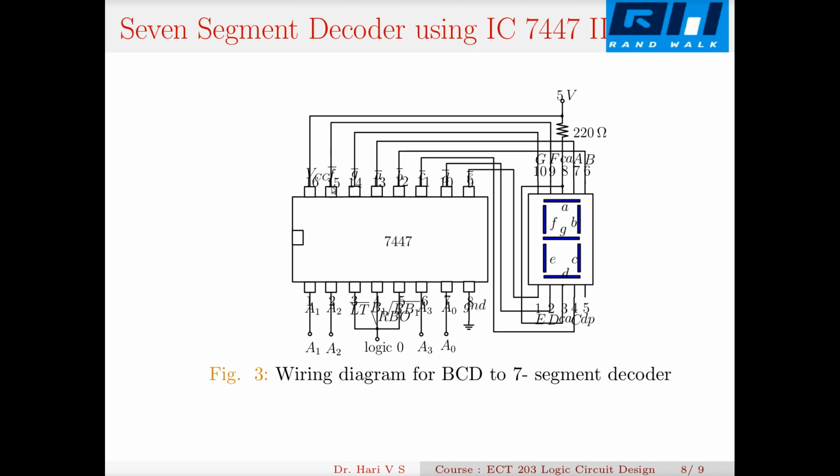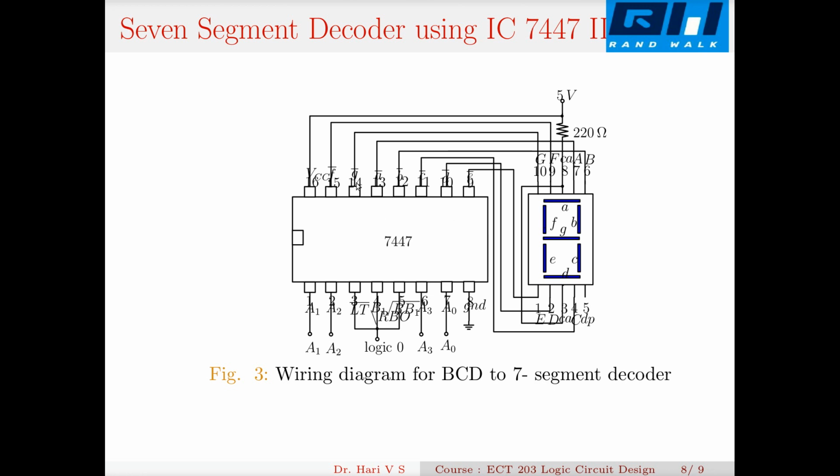So when this 15th pin is low, this cathode is kept low, and from this supply, due to this PN junction, I should not say cathode, anode, etc. These are old convention. So due to this PN junction, when this is low, current flows through this LED, and this F glows.